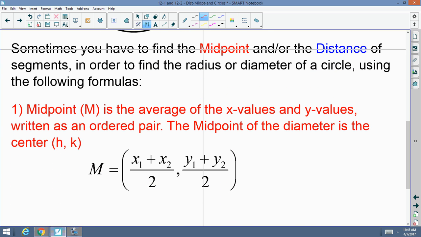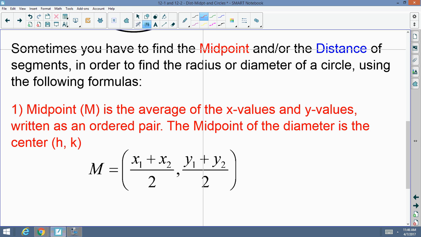Sometimes you have to find the midpoint and or distance of the segments in order to find the radius or diameter of a circle using the following formulas. The midpoint formula, which is capital M, is literally the average of the x values and the average of the y values written as an ordered pair. It's an xy point.